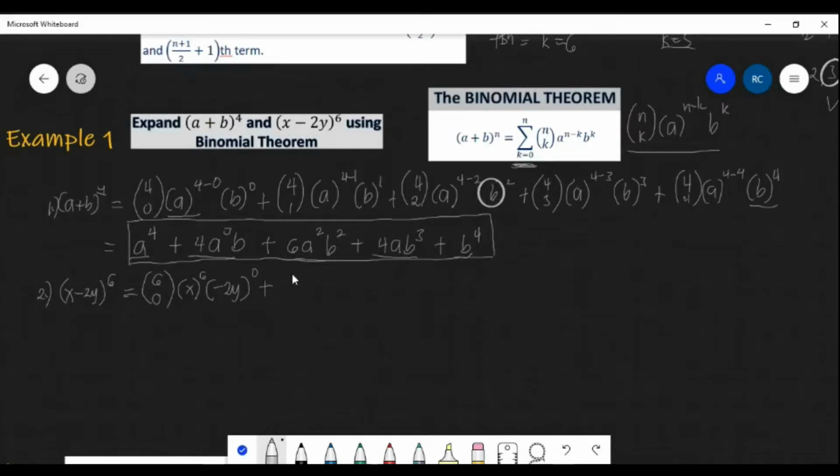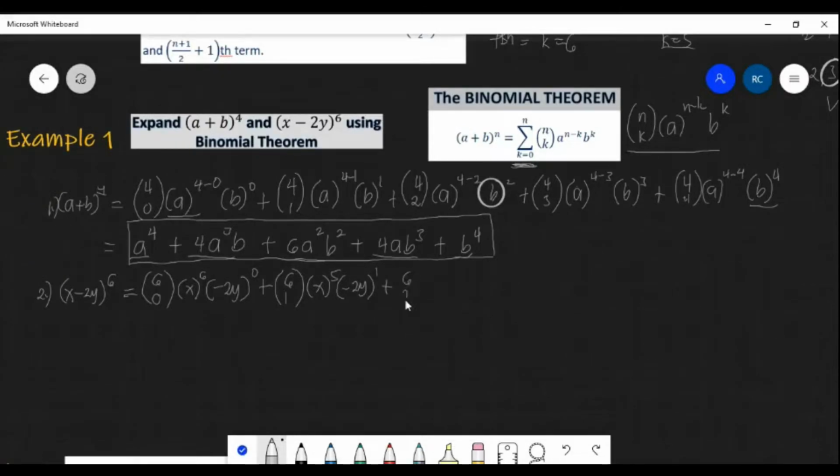Okay? Plus 6 combined 1 times x raised to 5, 6 minus 1 is 5, times negative 2y raised to 1. 0 dito, 1 na dito.